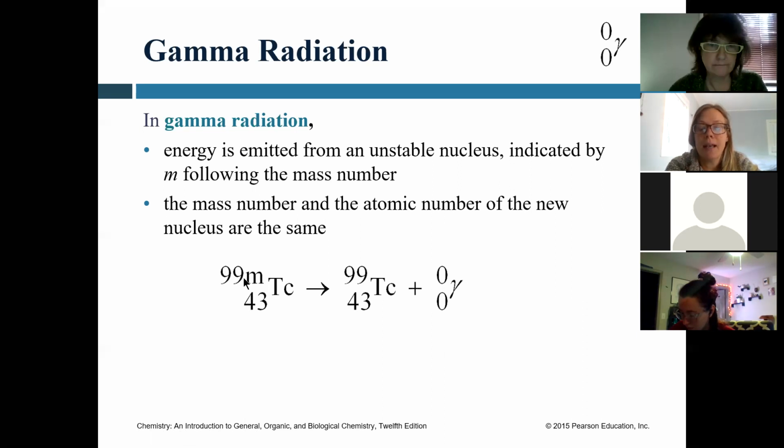So we'll say 99, and then we put this little M, and that just says that this is unstable. It's got a lot of packed energy in it. If we undergo gamma, the nucleus will be the same, but we've ditched some of that excess energy. So now we don't write the M on the other side. That's as simple as that. Same nucleus, we just ditch the M to release the energy, and then we put the gamma ray.